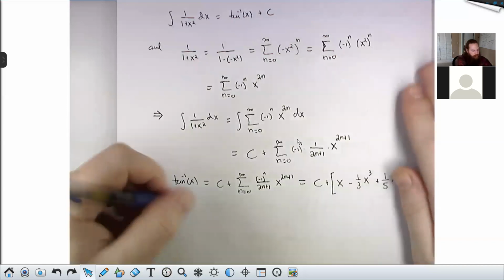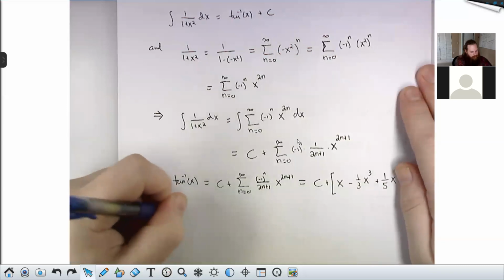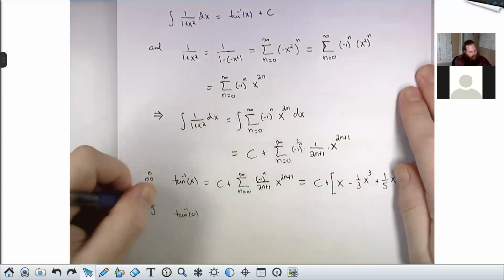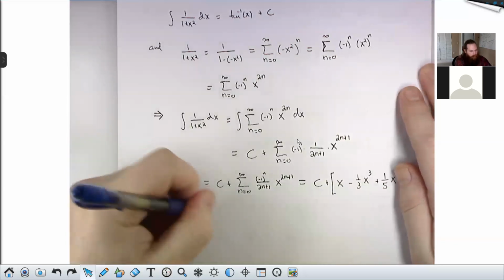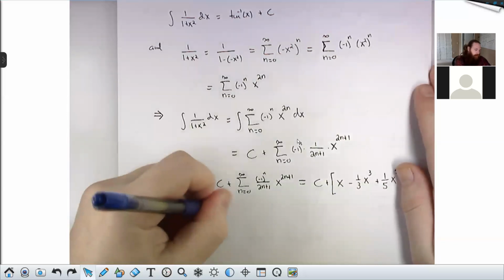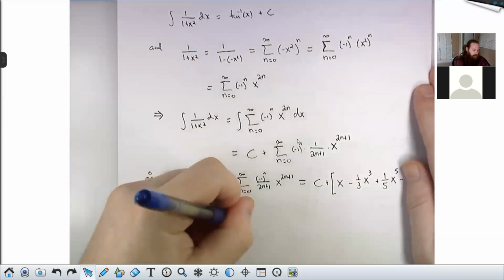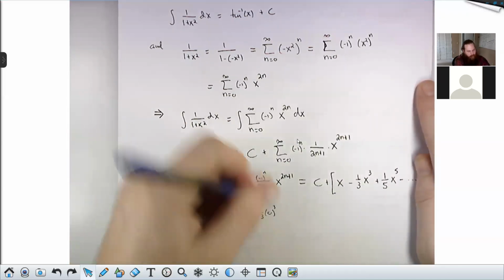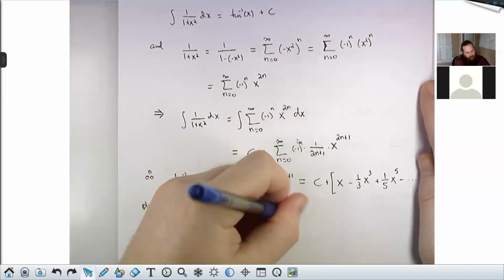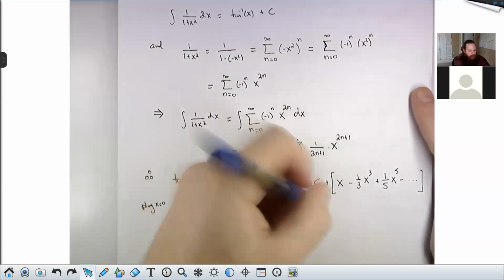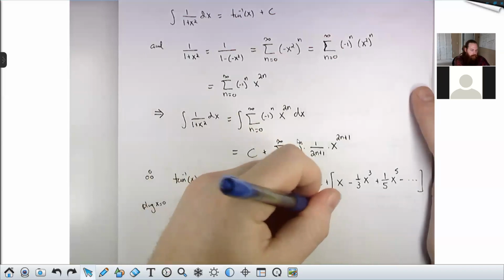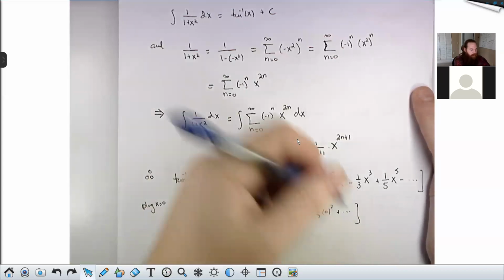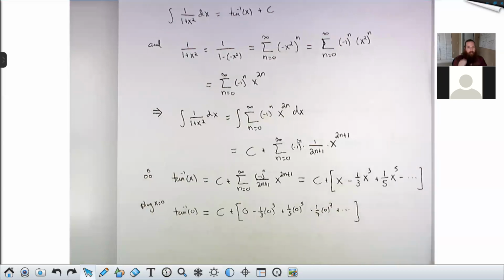So now plugging in 0, I find that the inverse tangent of 0 is c plus 0 minus 1/3 times 0 cubed plus 1/5 times 0 to the 5. Next term would be minus 1/7 times 0 to the 7, then plus 1/9 times 0 to the 9, but all those are 0.